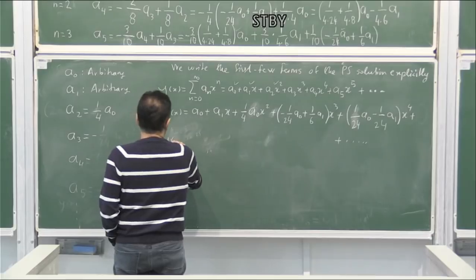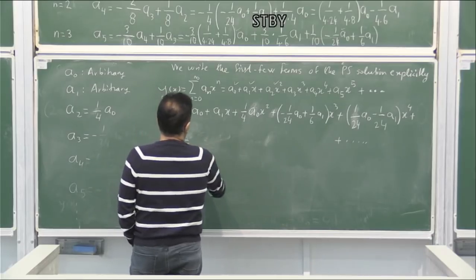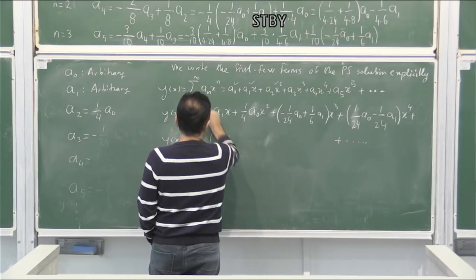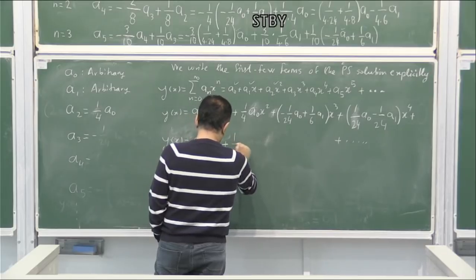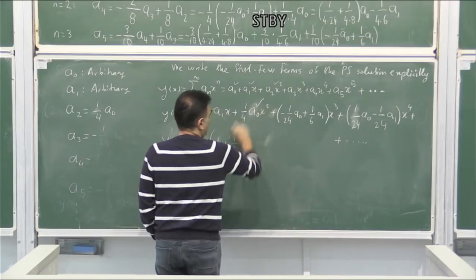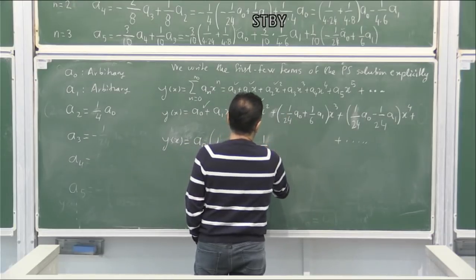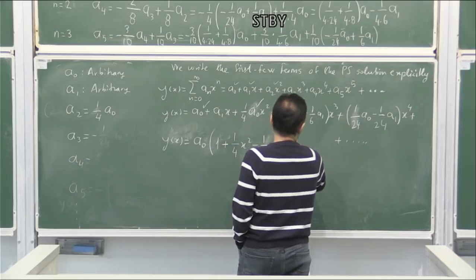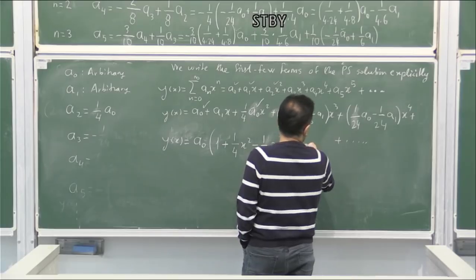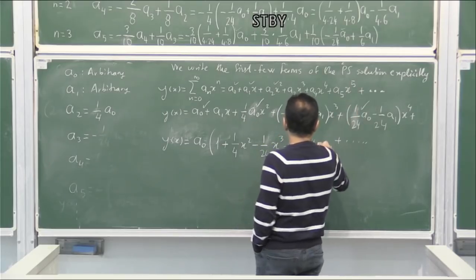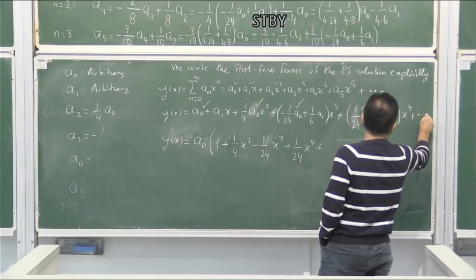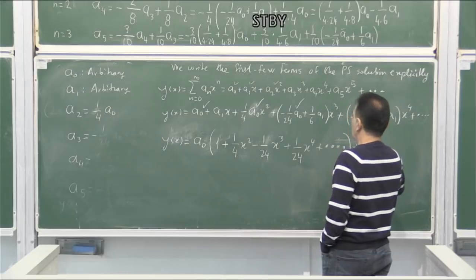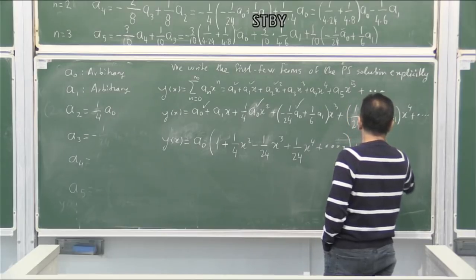So I obtain the first few terms. So there are terms proportional to A0, which are 1/4 x squared, this term, minus 1/24 x cubed, this term, plus 1/24 x4, this term, plus dot, continuing in this way. And there are terms proportional to A1.